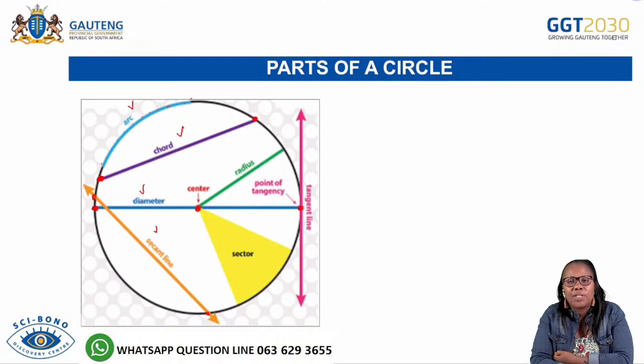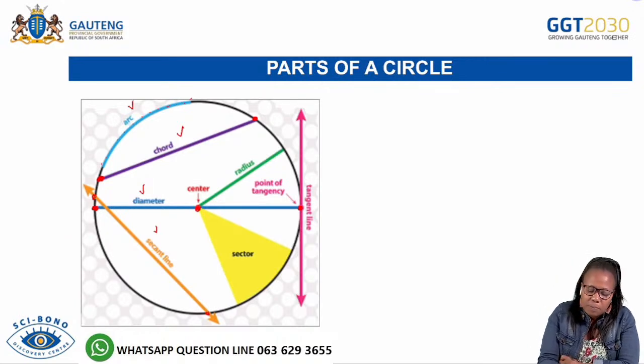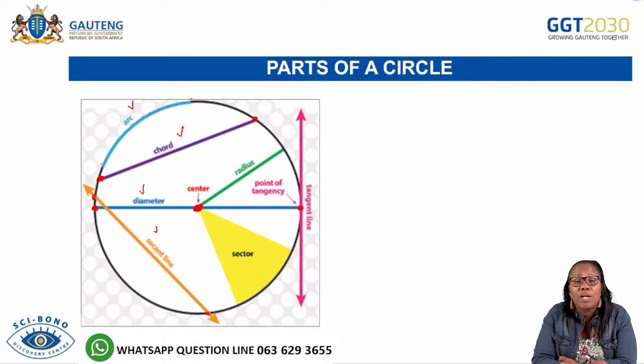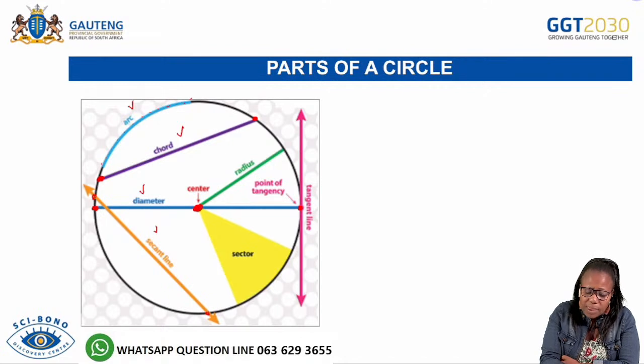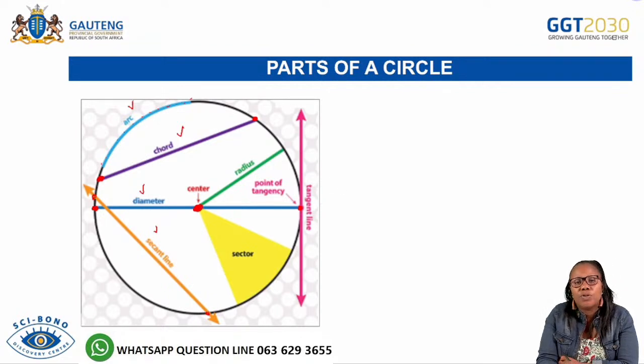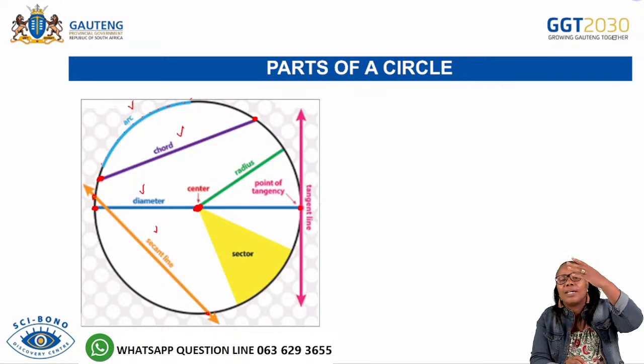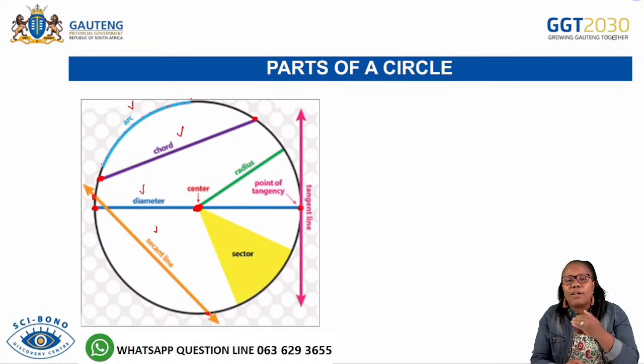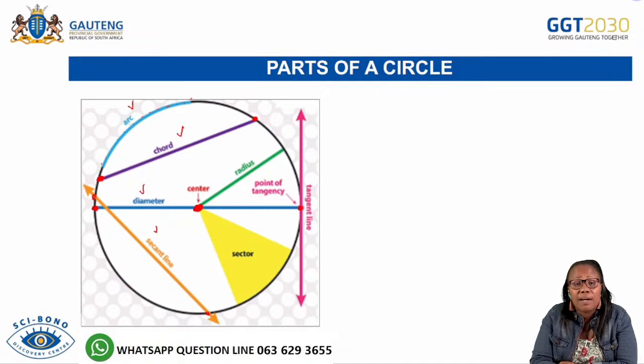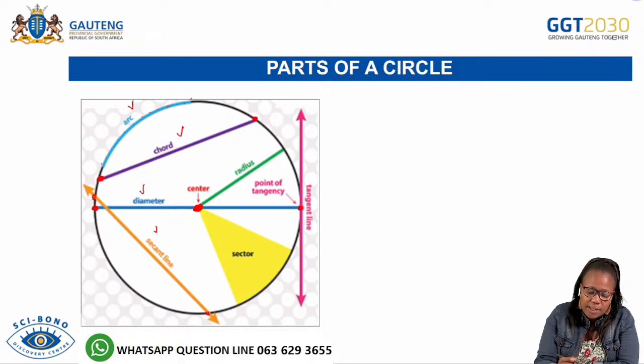So a diameter can also be a chord, but it's a special one because it is passing through the center. There we have our center point in the middle of the circle. This diameter line also cuts our circle into two equal halves. Therefore, it forms semicircles. Semi meaning half.